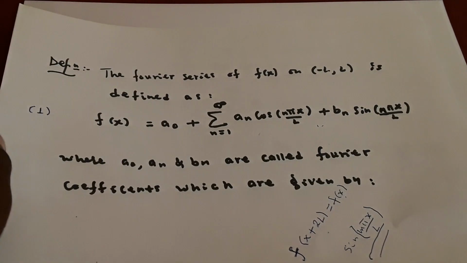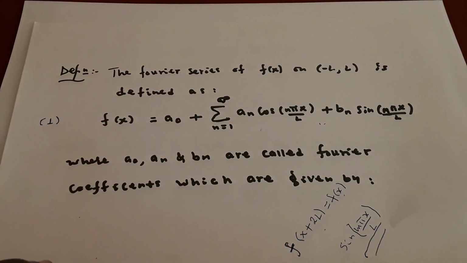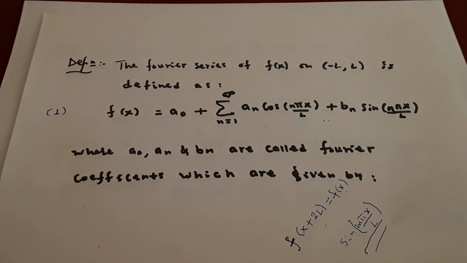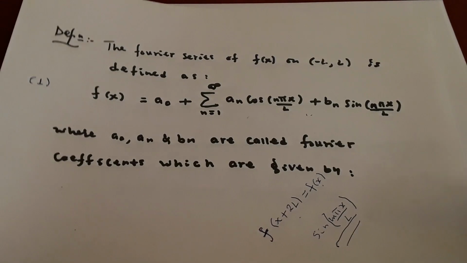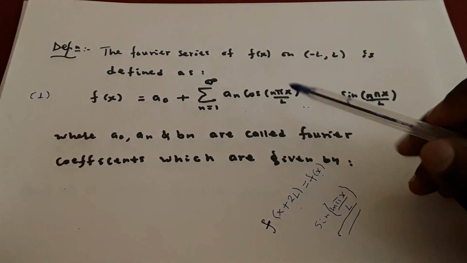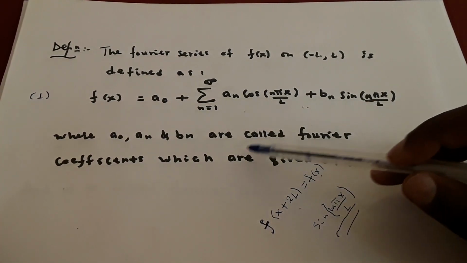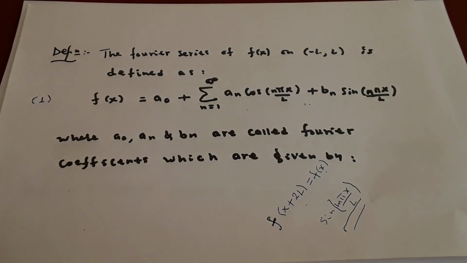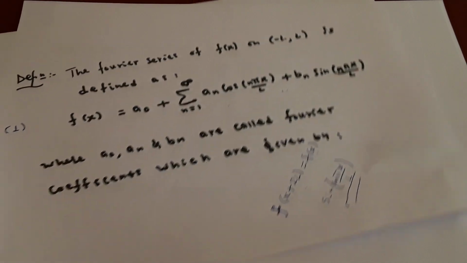Last time we defined the Fourier series of a periodic function on minus L to L as a naught plus the sum of a n cosine n pi x over L plus b n sine n pi x over L. This is the fully expanded definition.